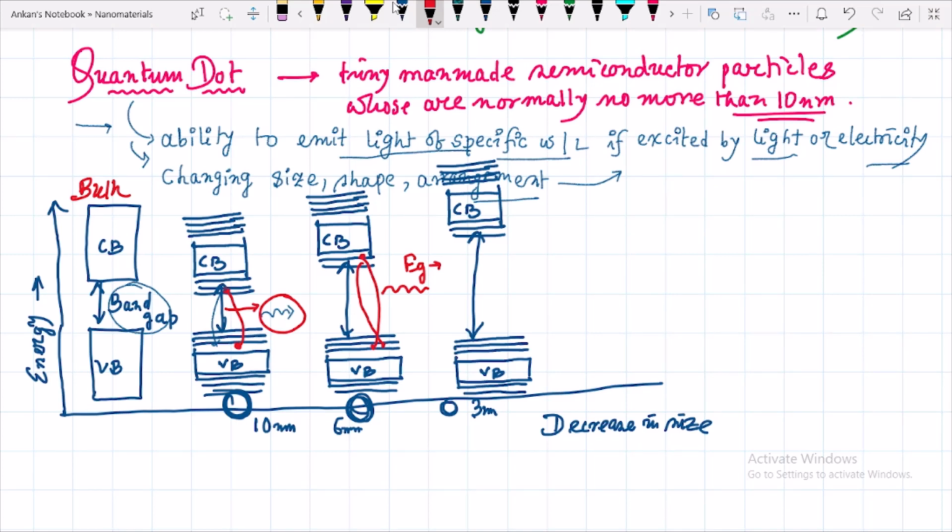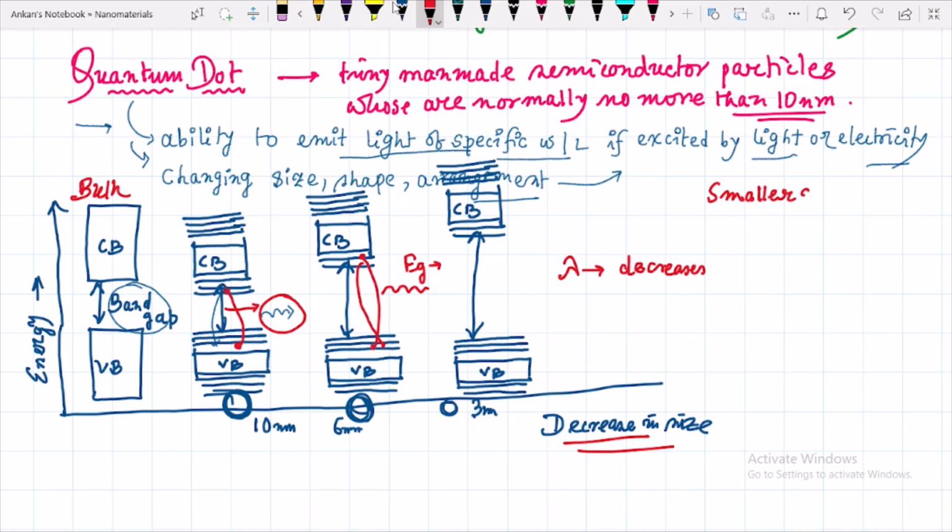So the energy increases as we decrease the size. So the wavelength decreases due to the increase in energy. The wavelength of emitted radiation decreases with the decrease in the size, so the smaller size quantum dots emit the smaller wavelength.